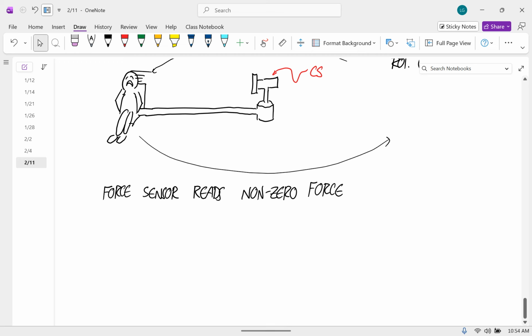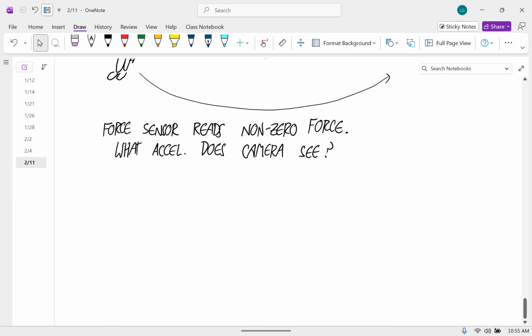But let's think about what the camera sees. So what acceleration does the camera see? It doesn't see any acceleration since it's moving with it. Yep, exactly. So let me just draw the three.